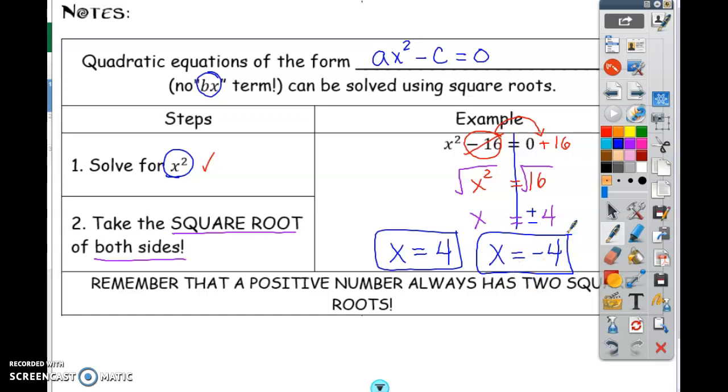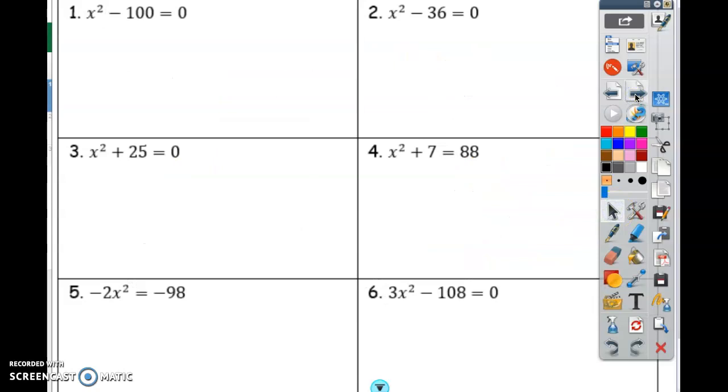Okay, so that's how we're going to do today's problems. They're all the same. So let's get to it. Let's do problem number 1. So what's the first thing you need to do? So move this over, change the sign, right? So plus 100.